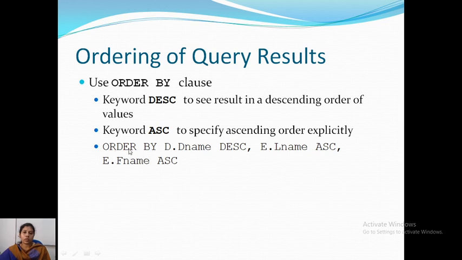After the where clause, you can write order by d dot dname descending. So according to the descending order of dname, your result will be displayed. But again, you have specified lname in ascending order, fname in ascending order. So all these conditions must be checked, and accordingly it will be sorted.